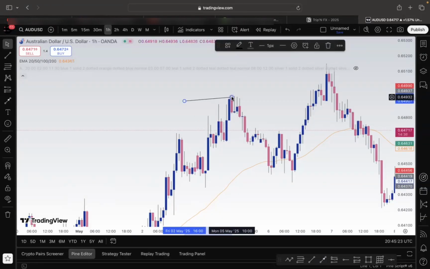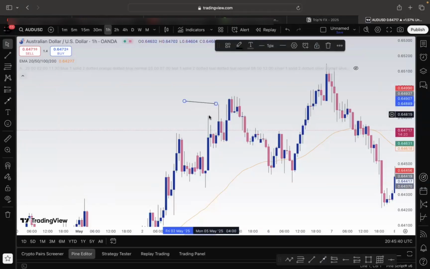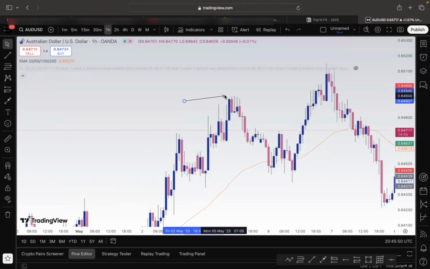We'll look at market structure maybe in the next two meetings. The reason I'm able to tell that the price came down and went up is just because of the highs and lows of the candlesticks, the highs and lows of the wicks. I'll get into that during the market structure session, so I won't confuse you guys.